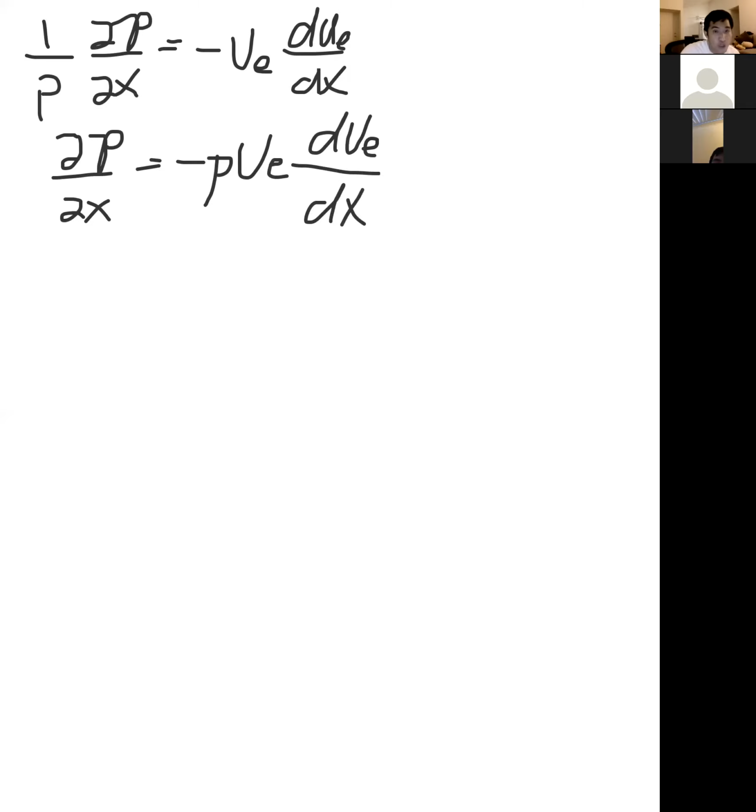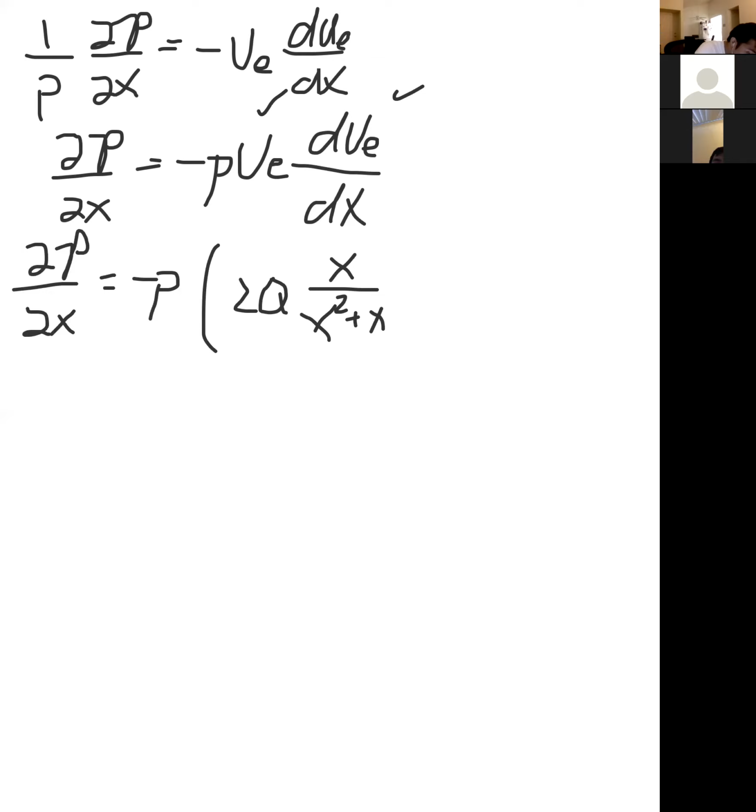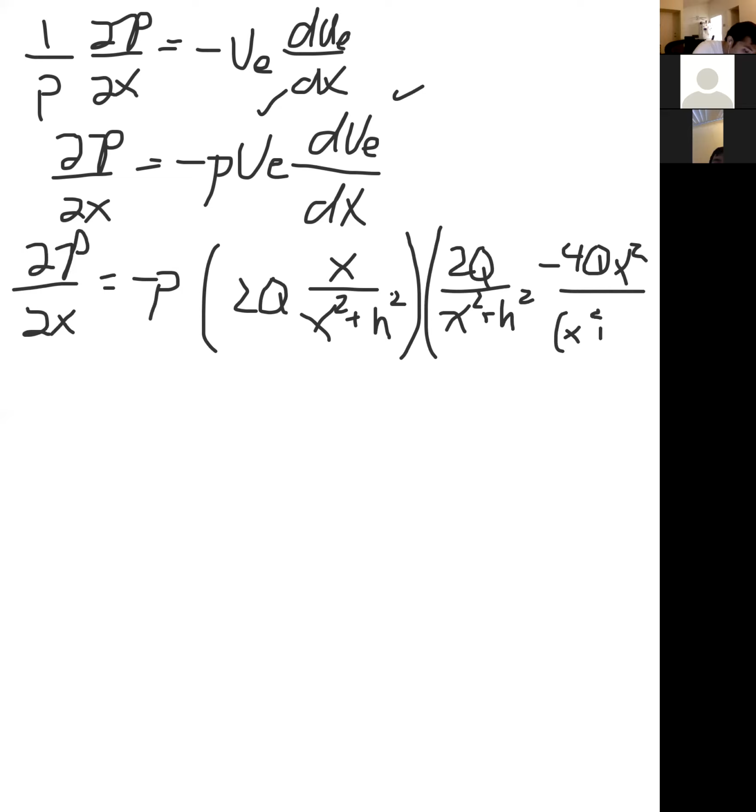You got UE from part A, so you can plug into those expressions there. If you plug in the solution for A, you get dP dx is equal to minus rho times 2q x over x squared plus h squared times the gradient, which is 2q over x squared plus h squared minus 4q x squared all over x squared plus h squared, squared.